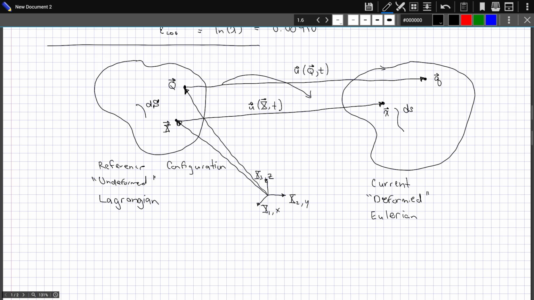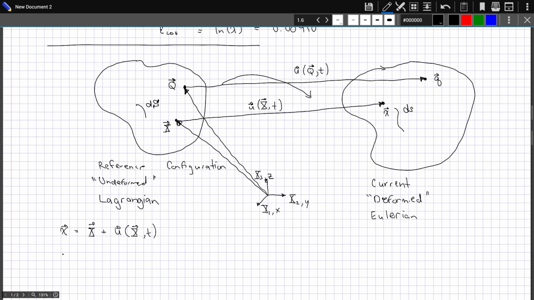I may not know what this vector is yet, but I know that vector is X, and then I have U of X and t, so I can write little x in terms of big X plus U of X and t.